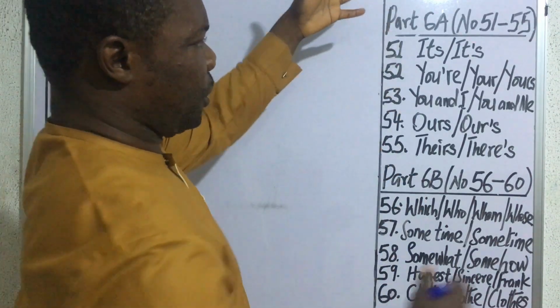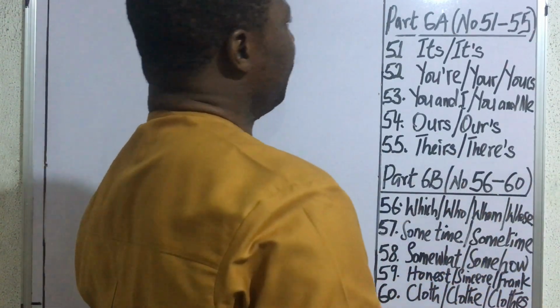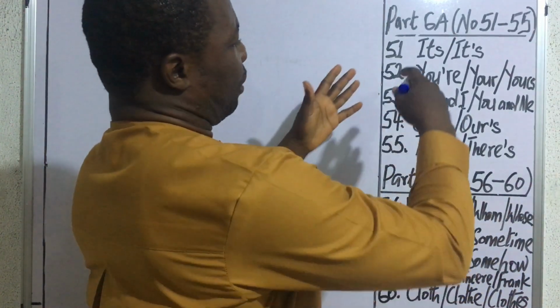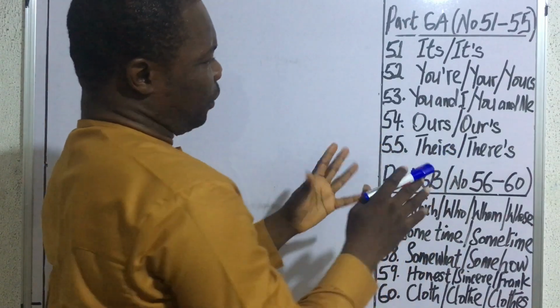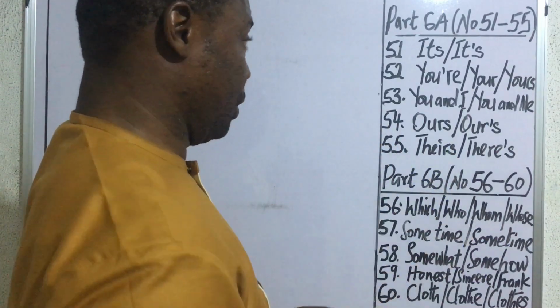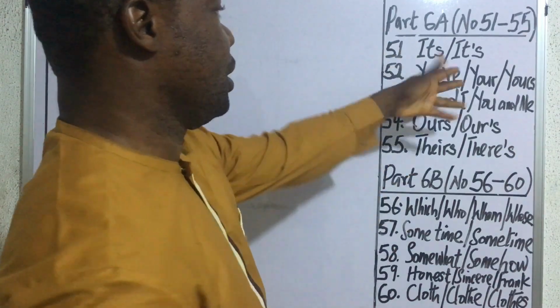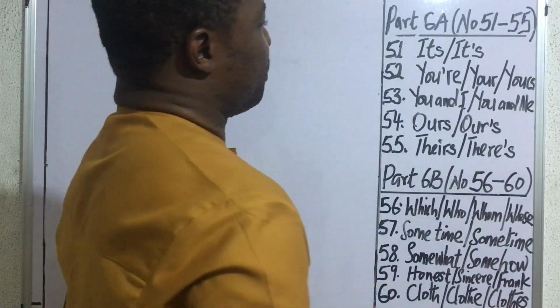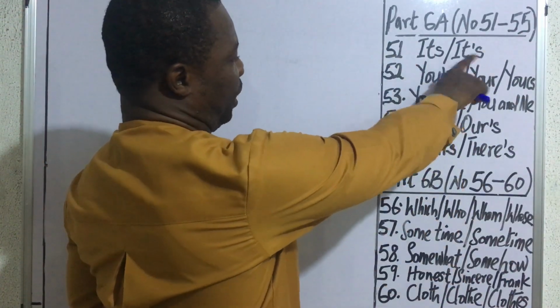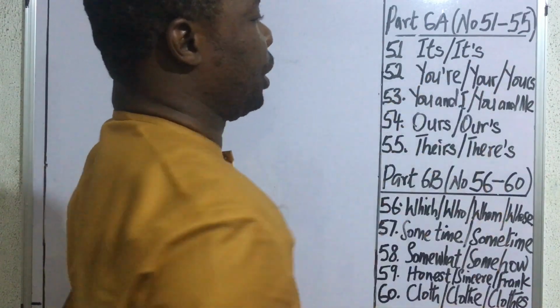Let's talk about spoken English, for instance. The conflict between the words might not be noticed very easily when you are speaking, like when you say things like its or it's. So nobody will know the one that you are referring to between the two.